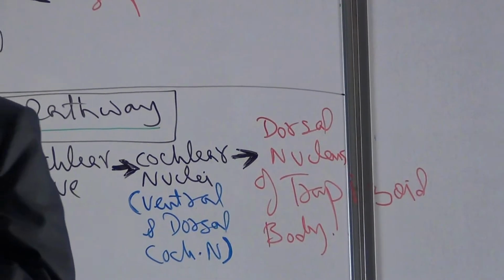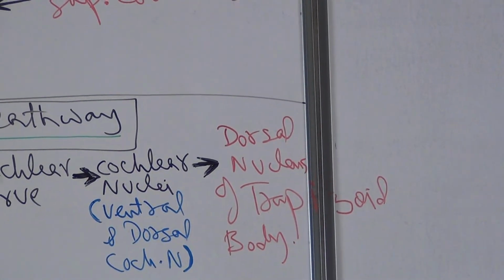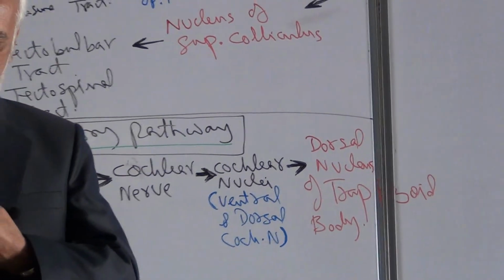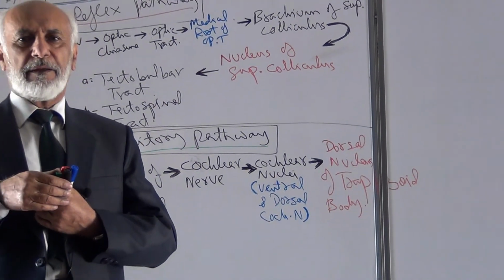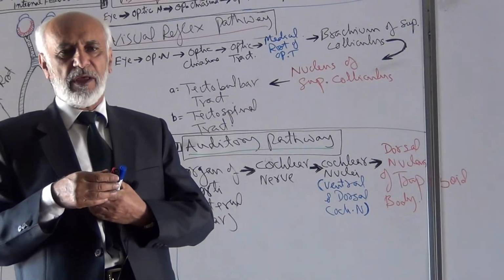Now the trapezoid body is located in the lower part of the pons and it comprises nuclei.